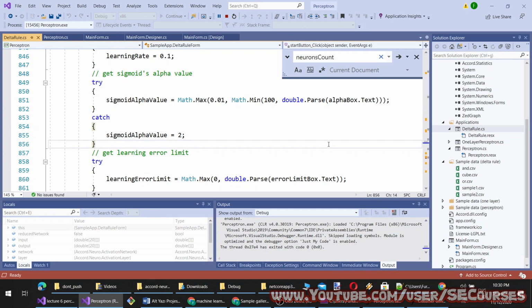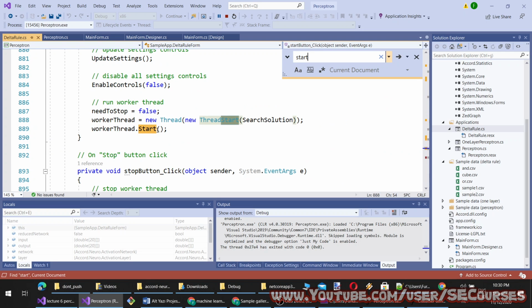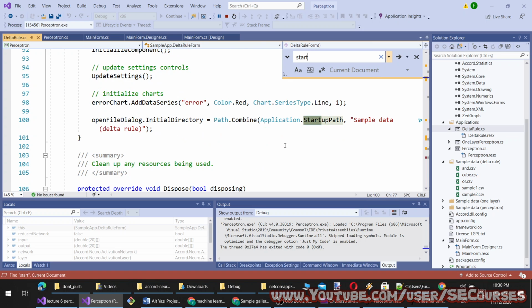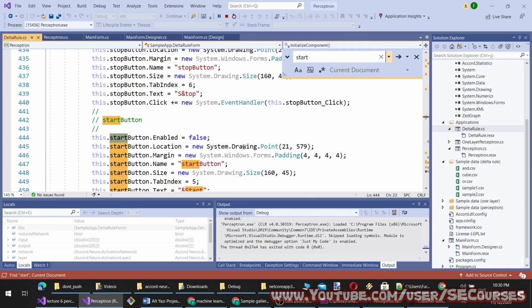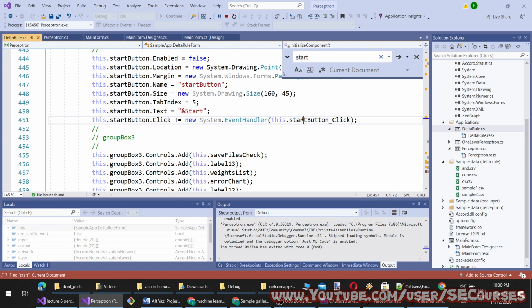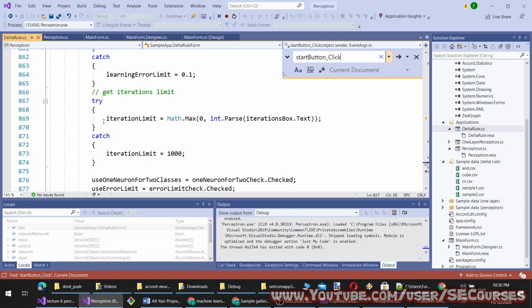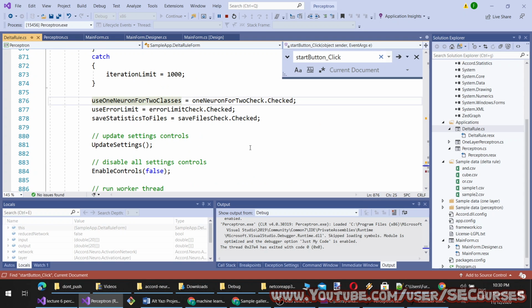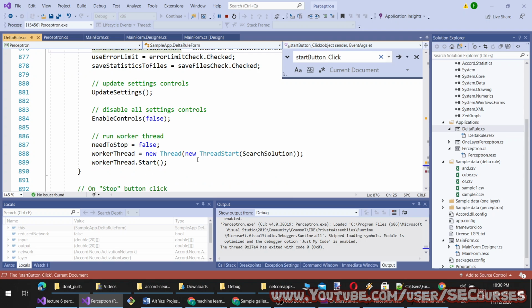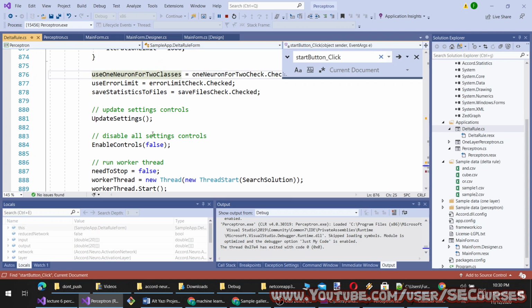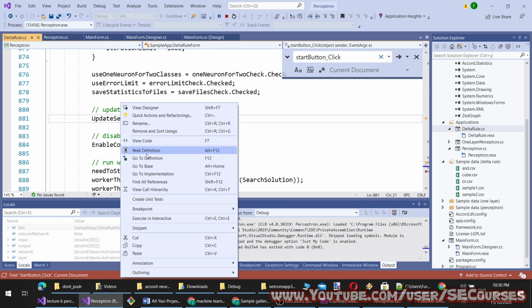So this is the start button, click. And click, okay, this is used. And let's go here, okay. So there is learning rate, sigmoid, and whatever there is. And there is update settings. Probably this is it.